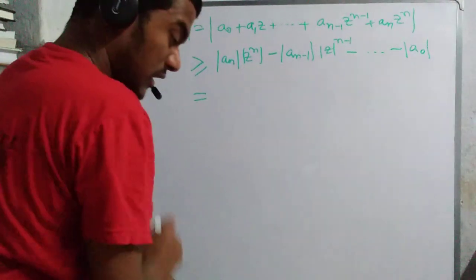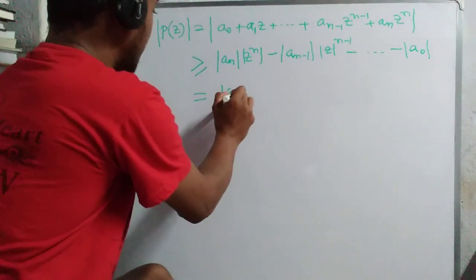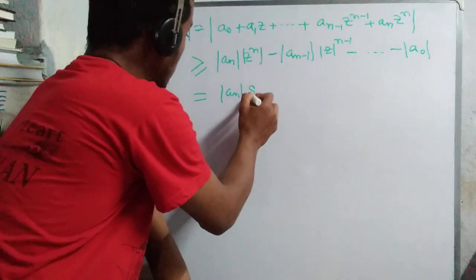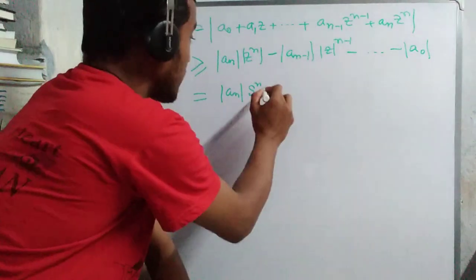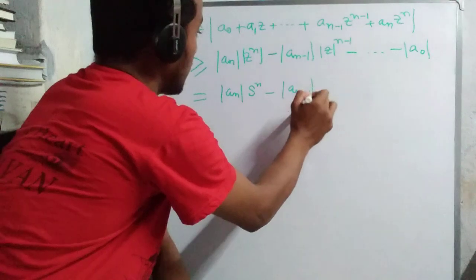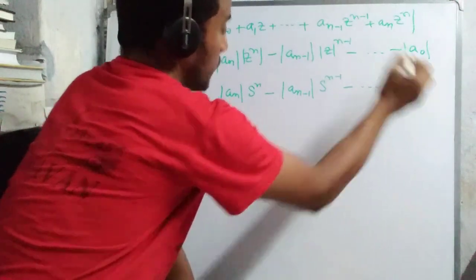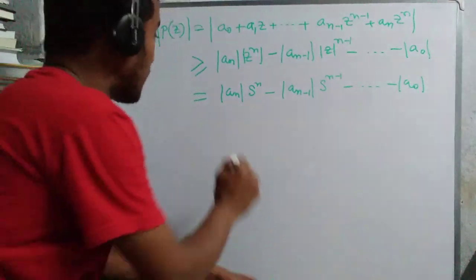This equals |a_n| s^n minus |a_{n-1}| s^{n-1} minus ... minus |a_0|. Do you understand? Not a problem at all.